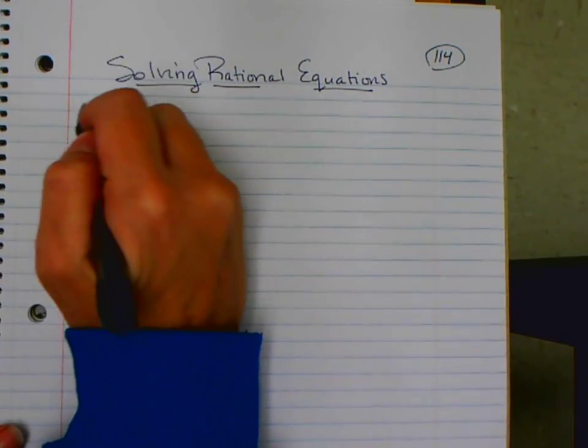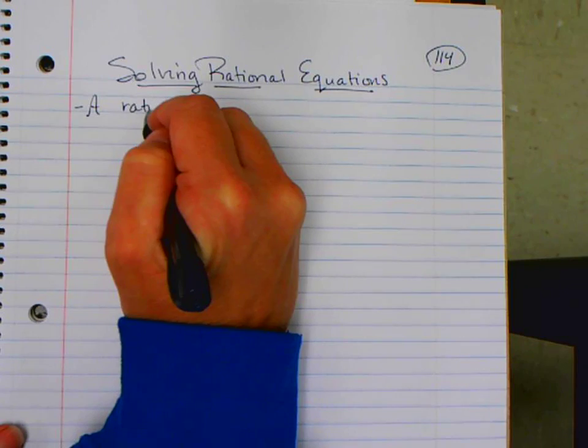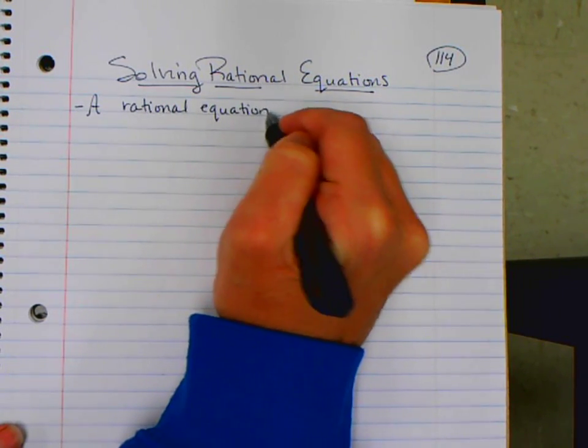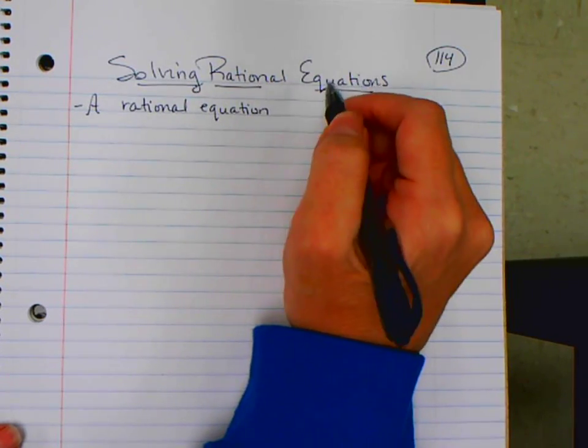So a rational equation contains at least one rational expression.